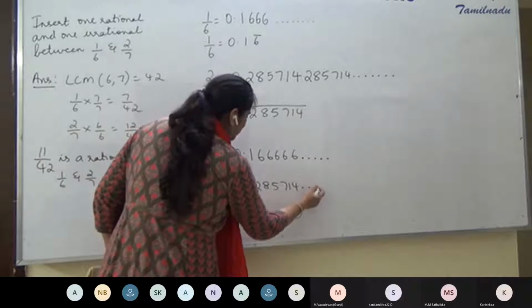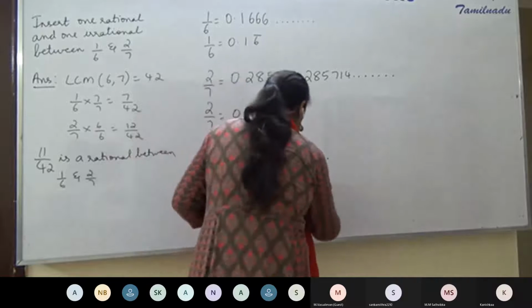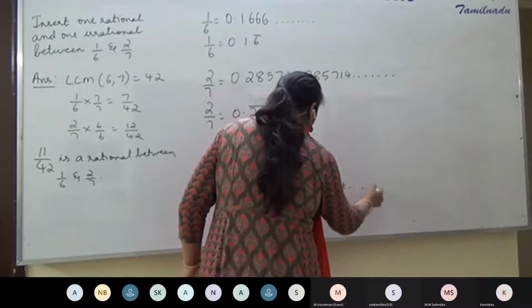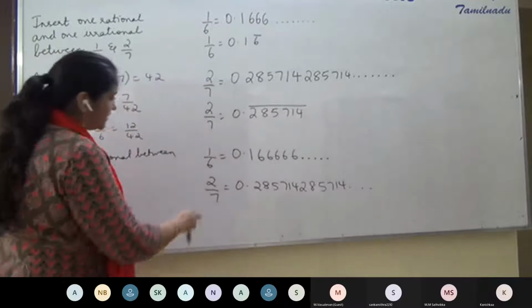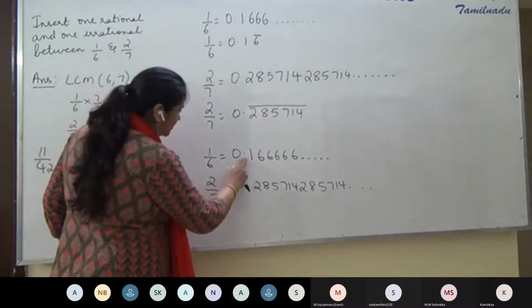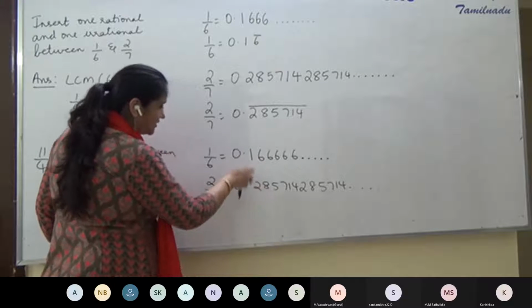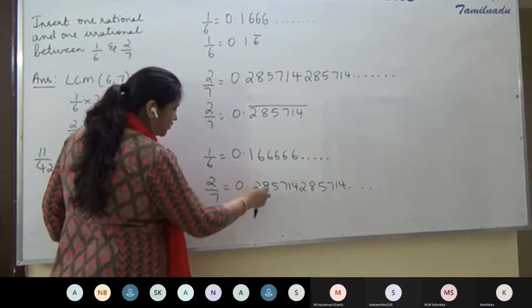Let me write that. 285714 goes on like this. So now see, it's between 0.16 and 0.28. Can you get that?